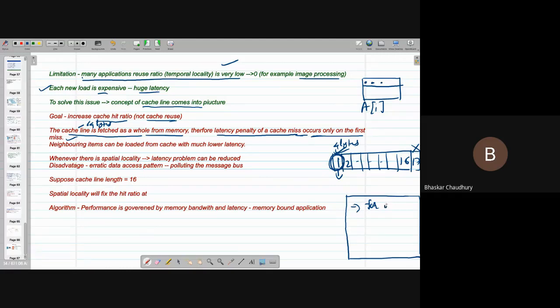One is on time, let's say time is going from 1 to Tn, and then I have another loop where i goes from 1 to 100, and then I am doing something like A[i] = B[i] + C[i]. For the time being, just forget about the outer loop. Let's say that this loop is not present.